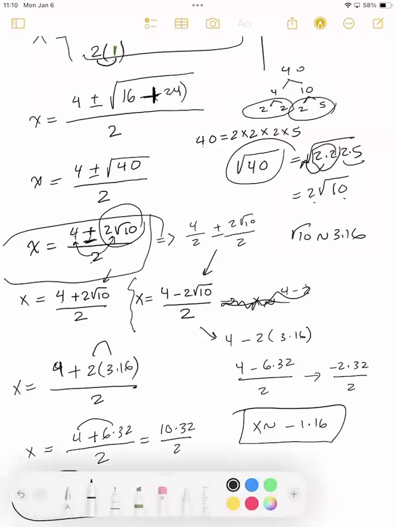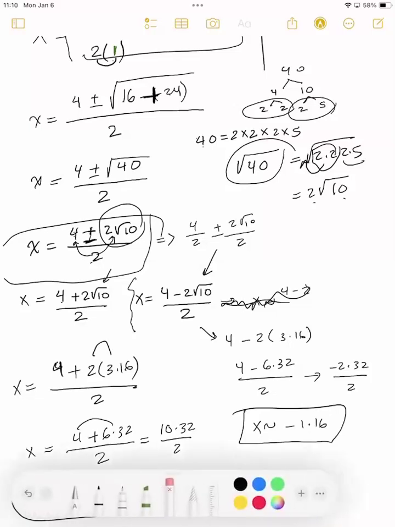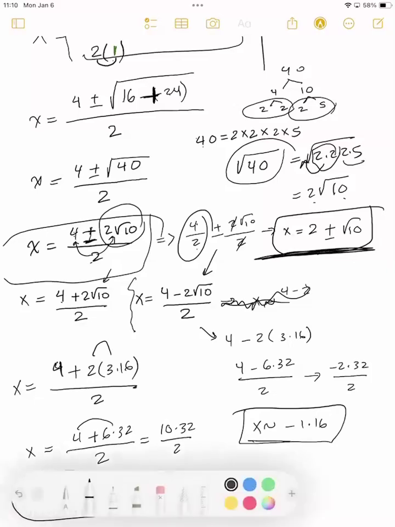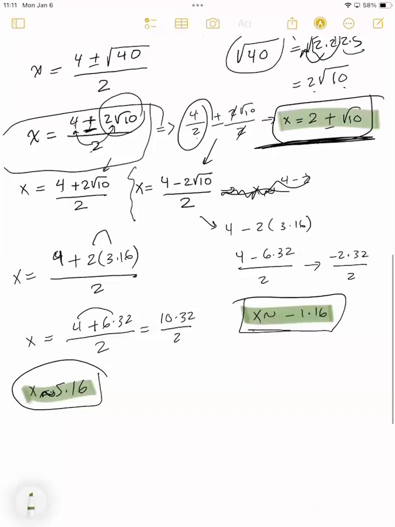And then you are going to reduce each fraction. 4 divided by 2 is 2. These 2's are reduced, you get the square root of 10. This is called the exact answer, and these two are called the estimation. So this is an estimation, and this is the exact.